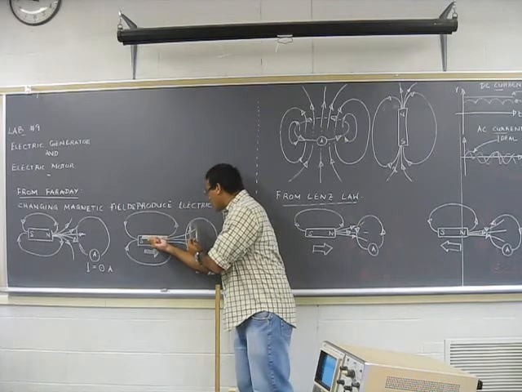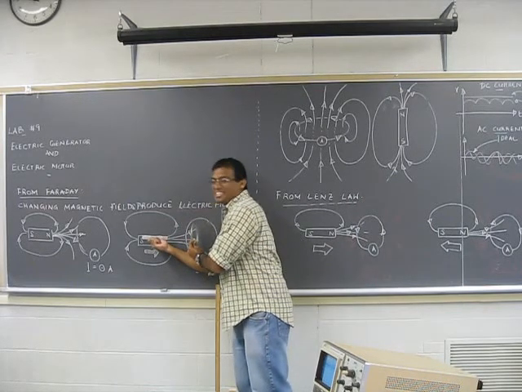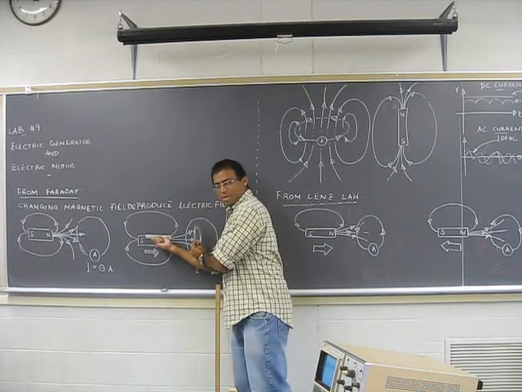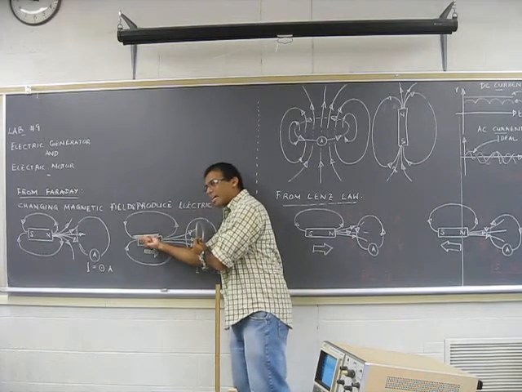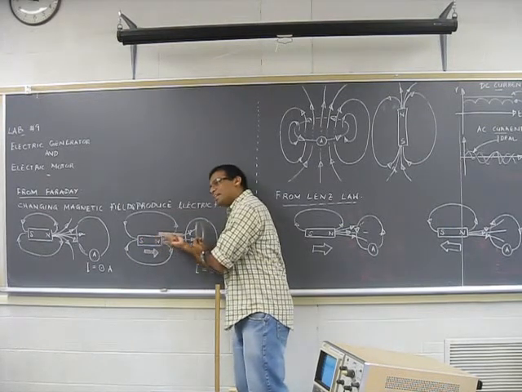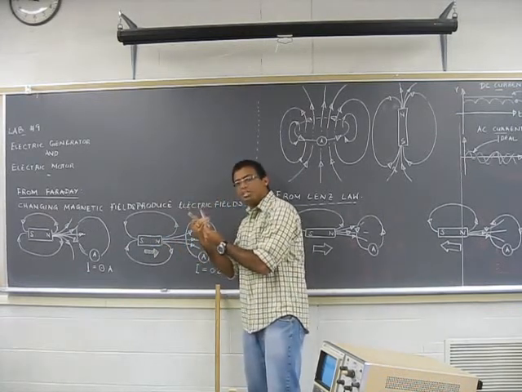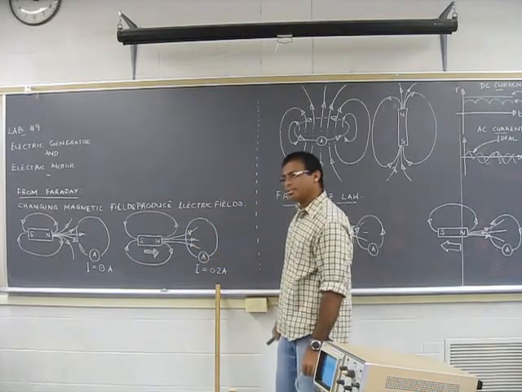The field lines will go and cross the loop, but they will not change. The field line pattern will stay the same. However, if I move it closer or move it away, guess what? The number of field lines that go across this loop will change. And guess what? You will see a current.